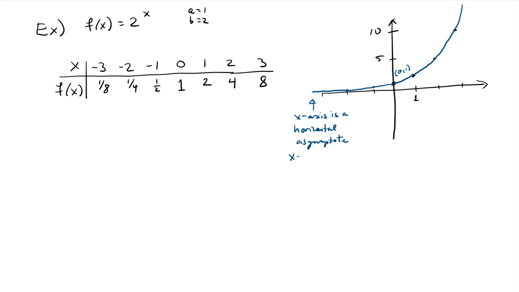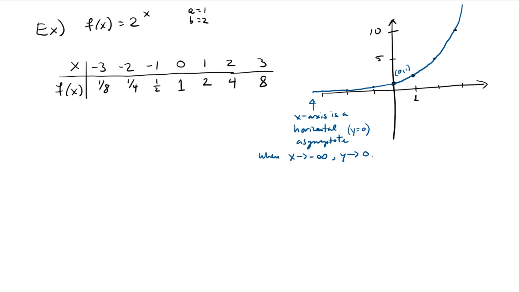So here, as x goes to minus infinity, y goes to 0. Okay, and so the horizontal asymptote is the x-axis. It's also the same as y equals 0.